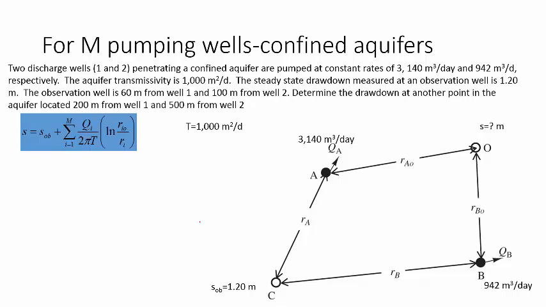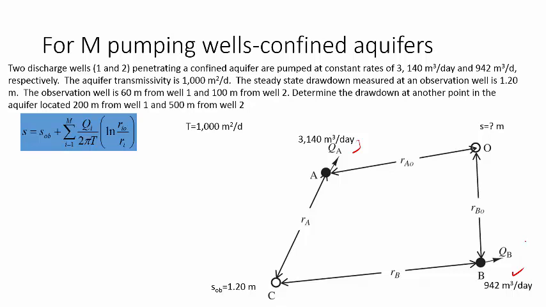Here we have 2 discharge wells, 1 and 2, penetrating a confined aquifer that are pumped at constant rates of 3140 cubic meters per day. So here's well A, 3140 cubic meters per day, and then well B, which is 942 cubic meters per day.